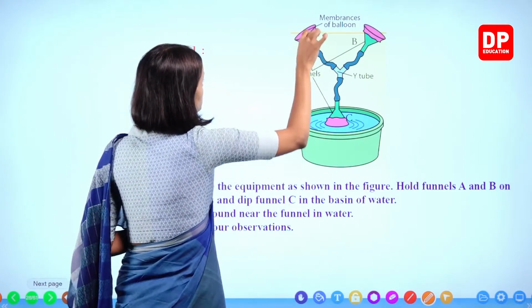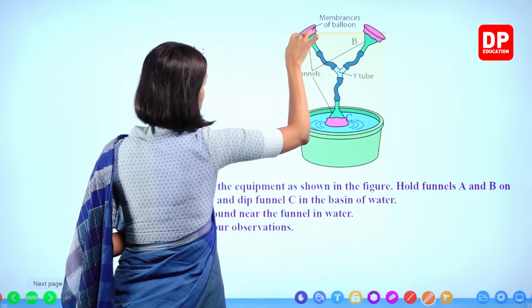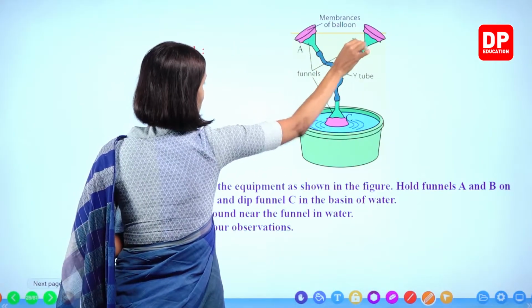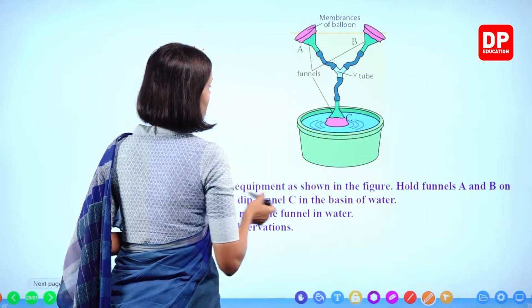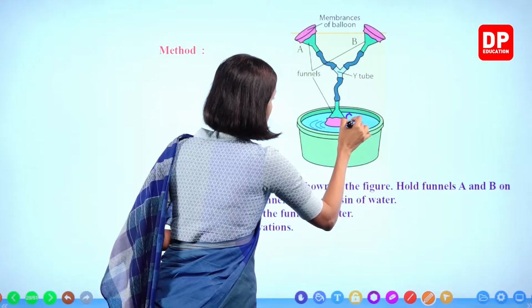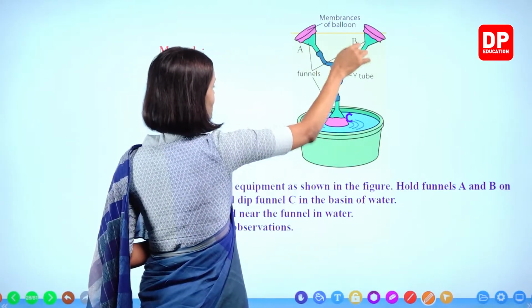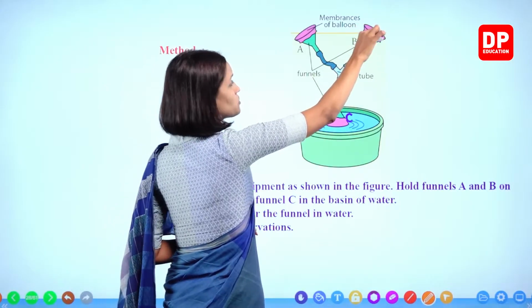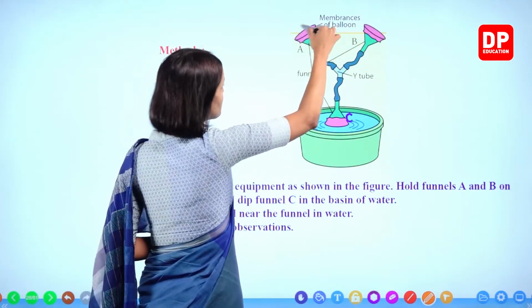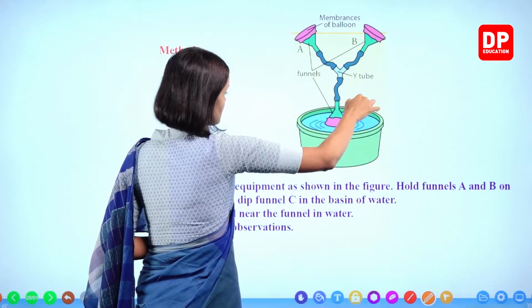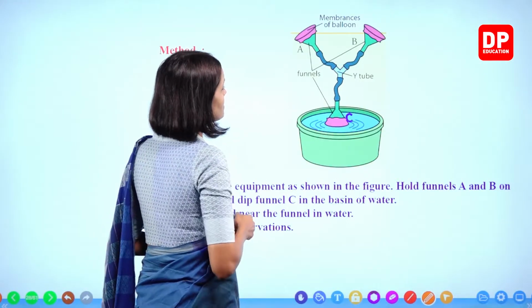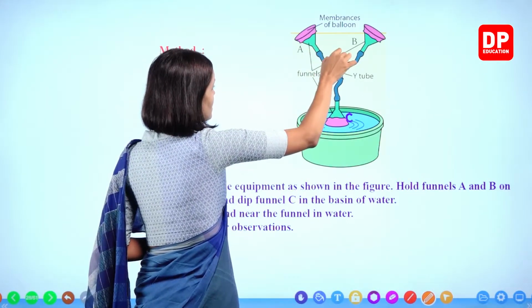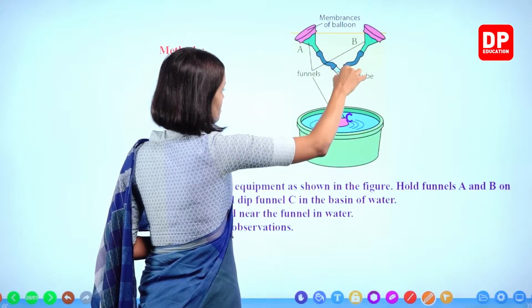Okay. So these are the funnels. Now they are labeled as A, B and here C. This is C. Right? A, B and C. You all can see each funnel. The mouth of each funnel is covered with the balloon membranes, right? And you all can see they are connected with the rubber tubes.